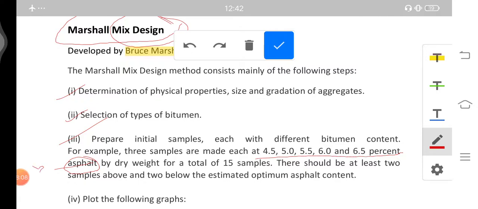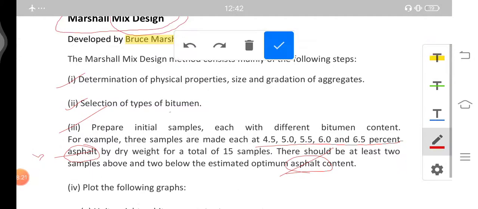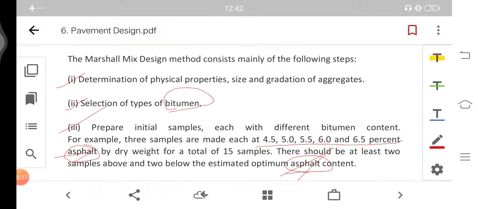There should be at least 2 samples above and 2 below the estimated optimum bitumen content. Again it should be bitumen because we have selected bitumen as the binder. If you are not using bitumen, you can also use asphalt.